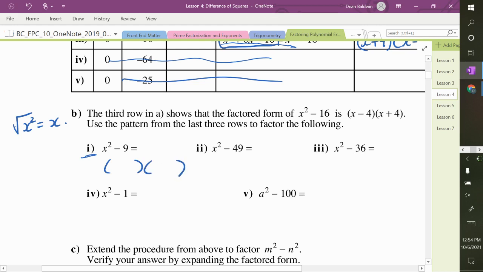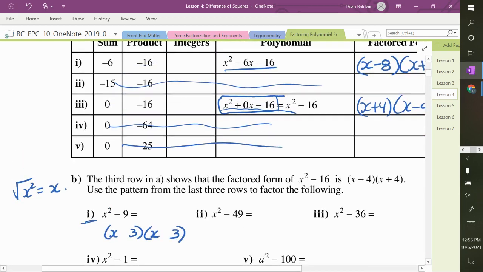So you will get two brackets. The first term is always x because x times x is x squared. All right? What's the square root of 9? 3. So there's your end. When you're doing a difference of squares, one of the brackets has to be positive, one has to be negative because they have to add to 0.